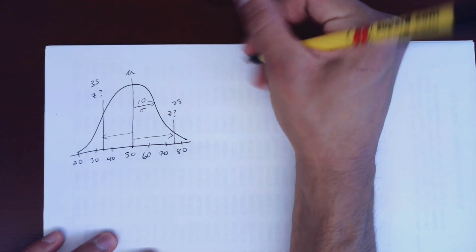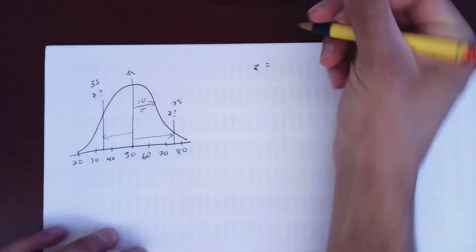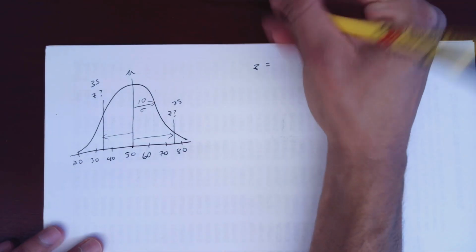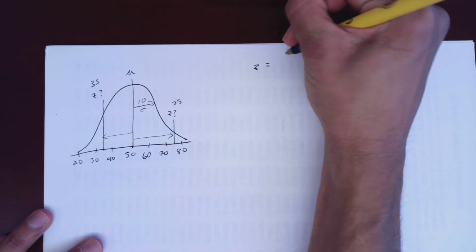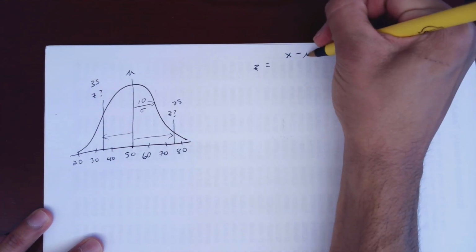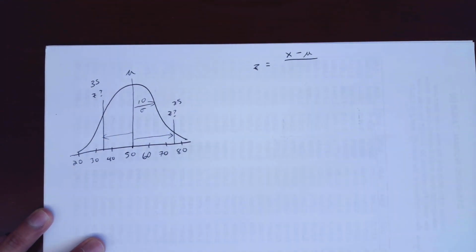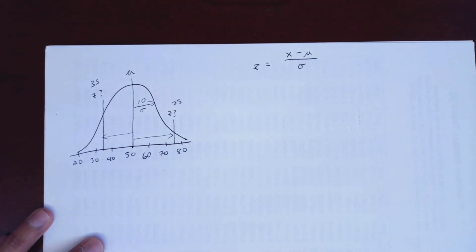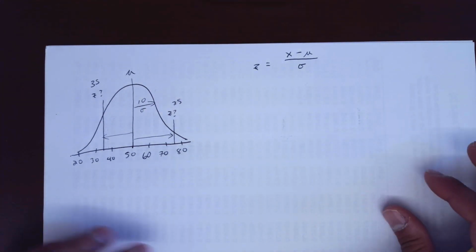So our z-score equation looks like this. We're going to be calculating z, and we're going to be plugging in the following things. X, which is our value of interest, mu, which is our mean for our normal distribution, and sigma, which is our standard deviation for a normal distribution.